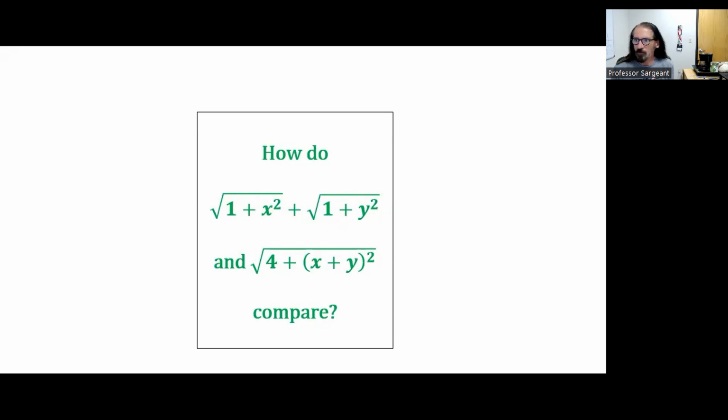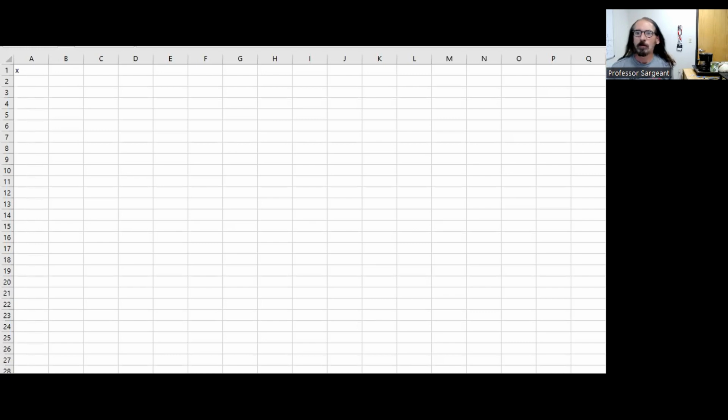I'm going to do something similar, using Excel to put in values for x and y and investigate this. Let's keep the first column about x, the second about y, and then the third column will be about the square root of 1 plus x squared plus the square root of 1 plus y squared.